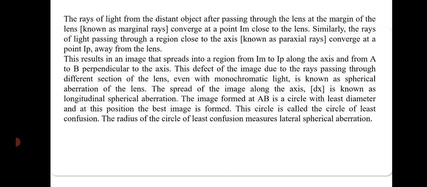These marginal rays converge at a point IM. This IM is close to the lens. Similarly, the rays of light passing through the region close to the axis are known as paraxial rays. These paraxial rays converge at point IP, which is away from the lens. This results in an image that spreads into a region from IM to IP.